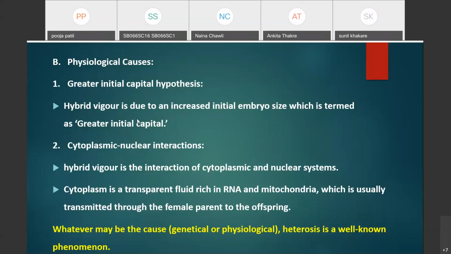That means no one theory is accepted by the plant breeders.